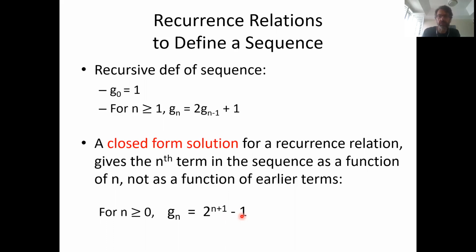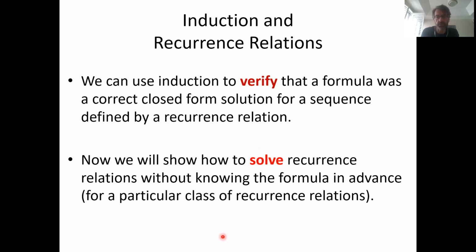So the question, of course, is how do we get from the recurrence relation like this to the closed formula, to the closed form expression for the sequence? Because that's what we want, right? So far in the class, we were basically given a closed formula for a sequence.